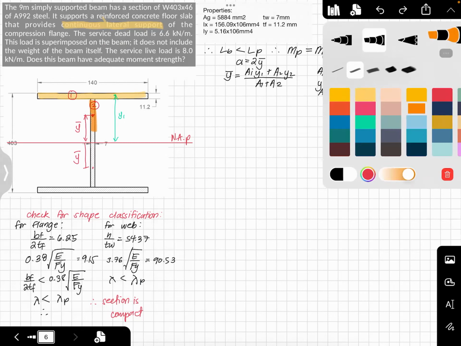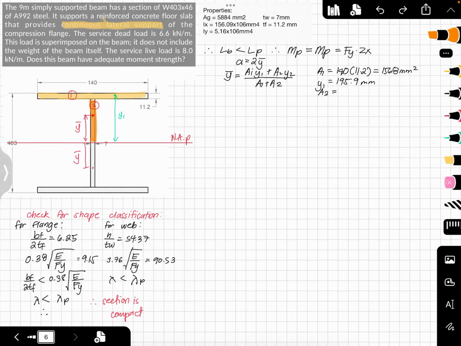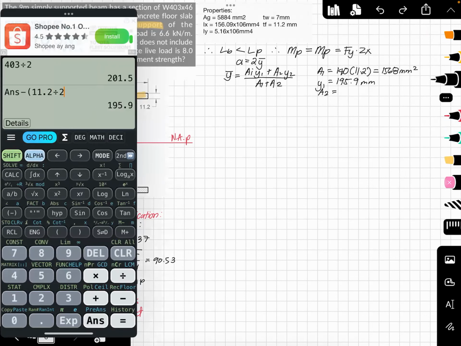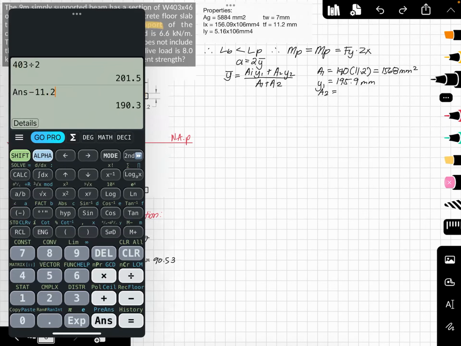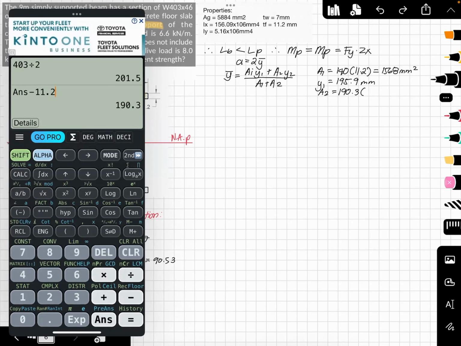What is ilang height niya? 403 divided by 2 minus 11.2, times 7.